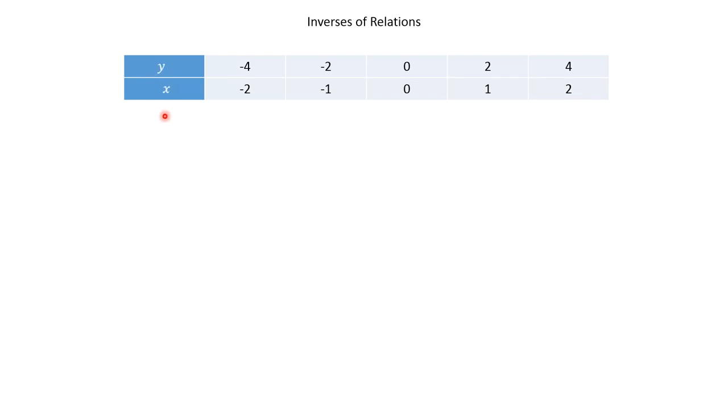So we can do that. Now all of a sudden, this -2, -1, 0, 1, and 2 is our x column, and y will equal -4, -2, 0, 2, and 4. All that happened is we changed how the rows are labeled, and we have our inverse.